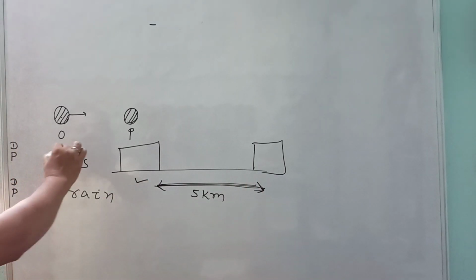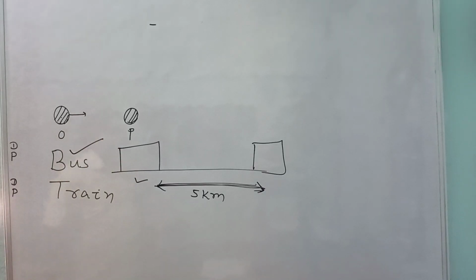That's why this bus is taken as a point object. Similarly, students, a train is also taken as a point object. And in everyday life, this point object is important.